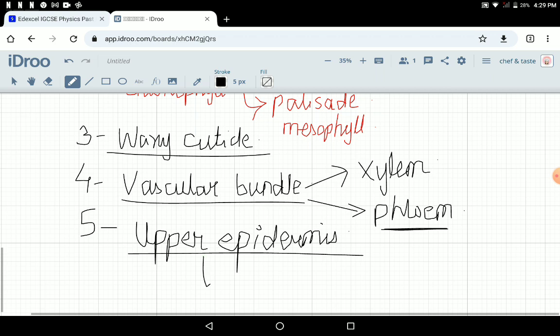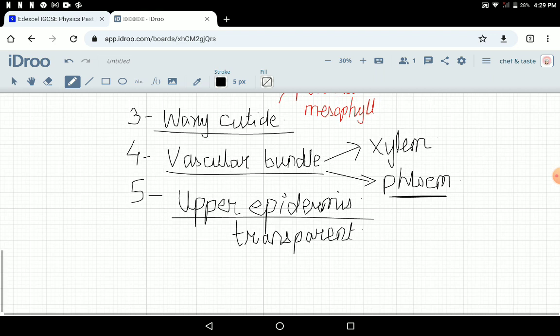This is very important, as it allows the sunlight to pass directly through and fall on the mesophyll cells, which contain chloroplast and have chlorophyll in them. In this way, chlorophyll will capture sunlight and give energy to drive the reaction of photosynthesis.